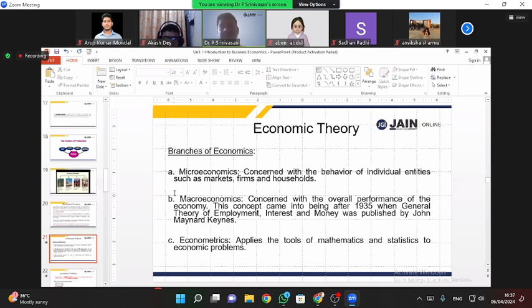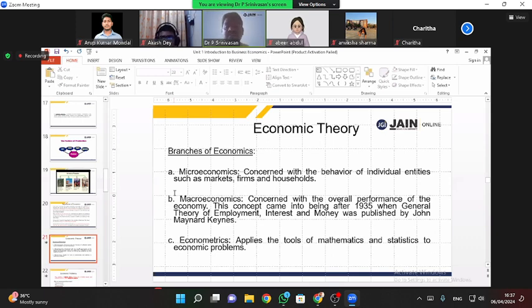That's microeconomics. What is macro actually? Macroeconomics deals with the economy as a whole. Let's say my savings, Srinivasan sir's savings, is it micro or macro? Micro, right? The price of a particular product is micro.